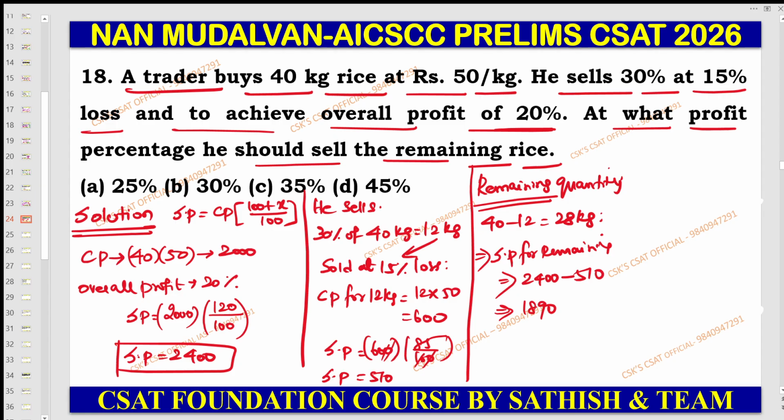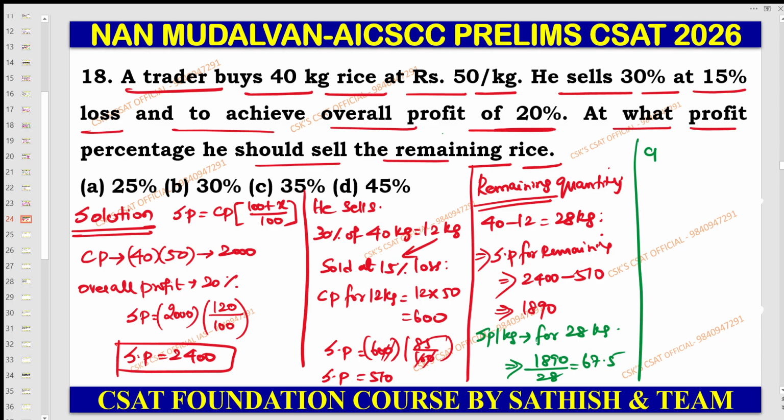Right. So now you have to find out the selling price per kg of this one. Find out the selling price per kg for this 28 kg. 1890 by 28 per kg, so you can divide this by 28. So 67.5 rupees you have to sell per kg now. What is the cost price provided here? 50.